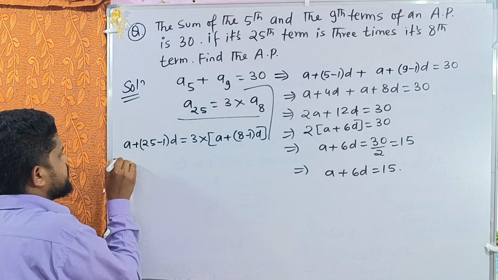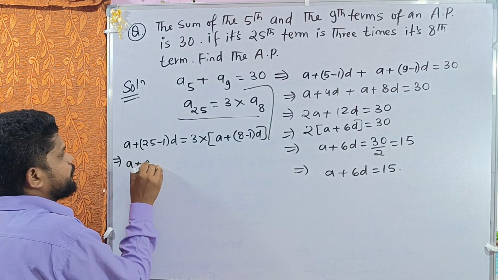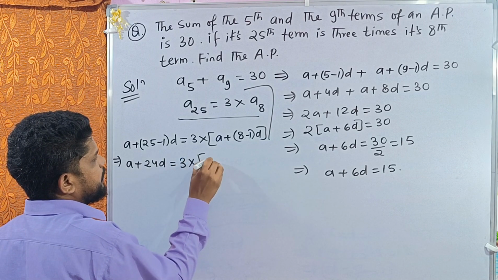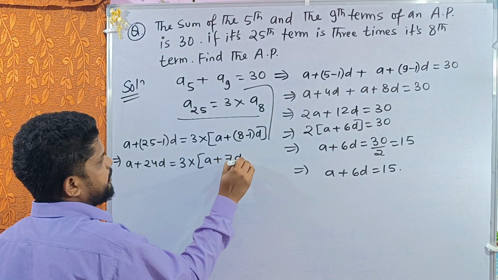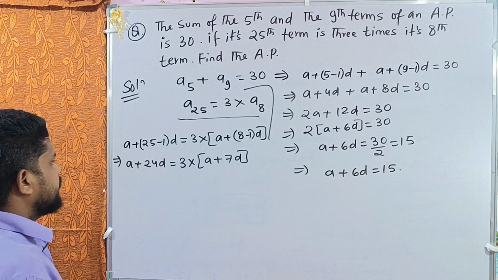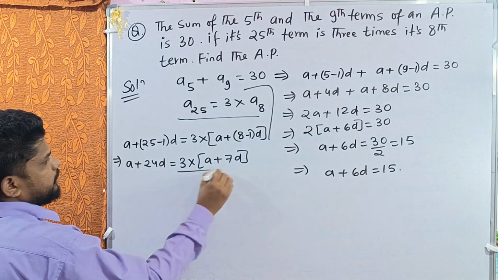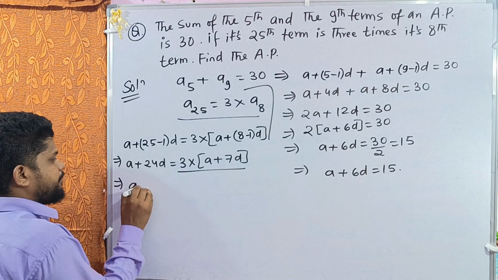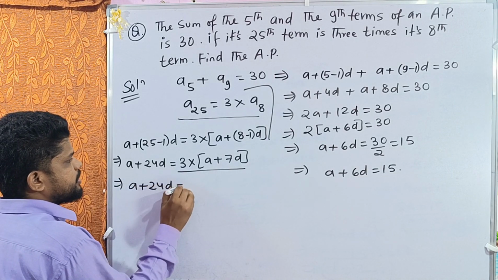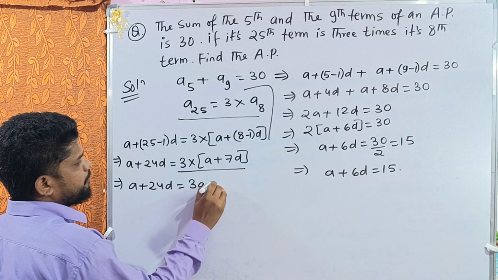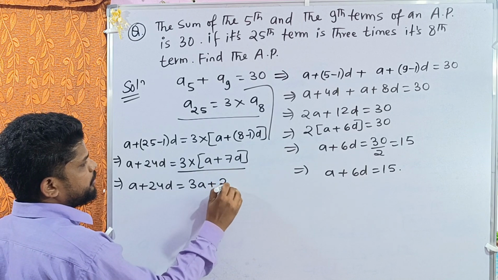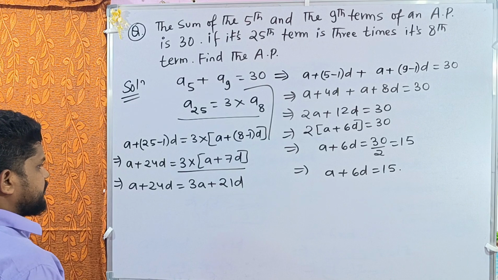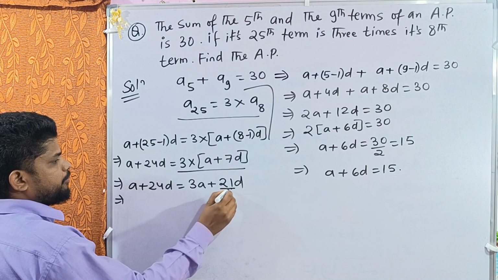This will give us a plus 24d is equal to 3 times (a plus 7d). Now open this RHS. We will get a plus 24d is equal to 3a plus 3 into 7, which is 21d.